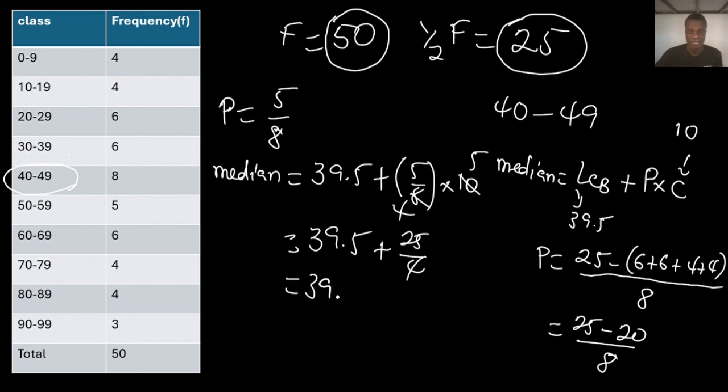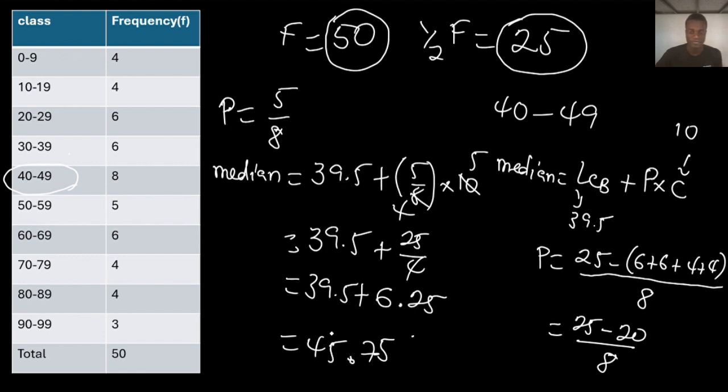Let's just evaluate that. Then we have 6.25. Then when you add this to 39.5, you have 45.75.